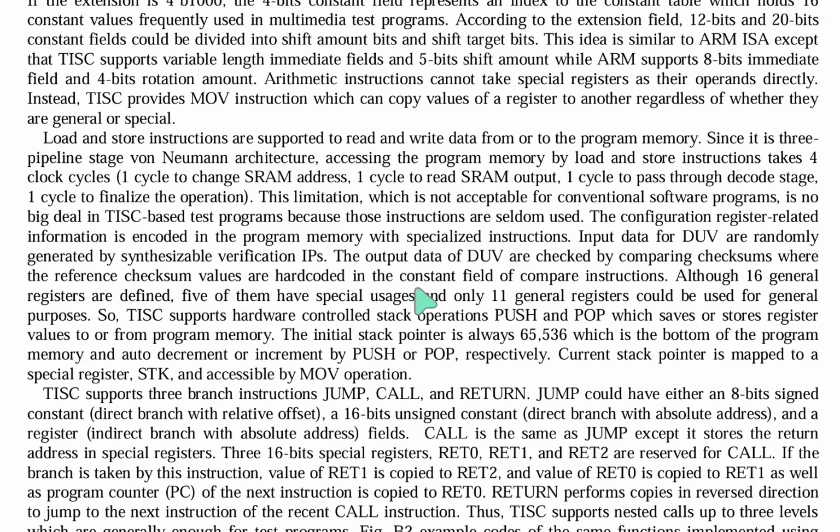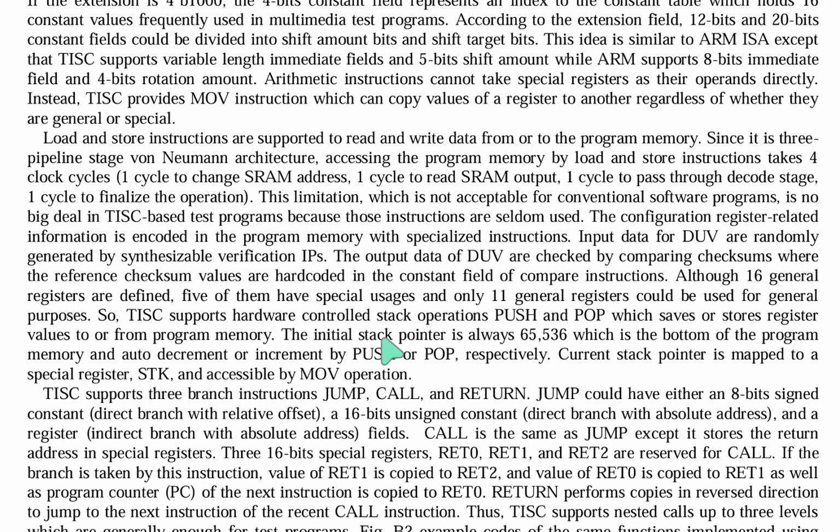Although 16 general registers are defined, 5 of them have special usage and only 11 general registers could be used for general purposes. So TISC supports hardware-controlled stack operations, push and pop, which save or restore register values to or from the program memory.